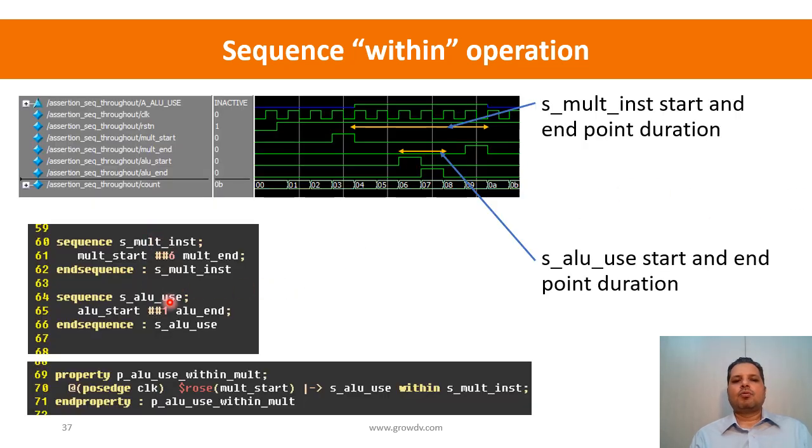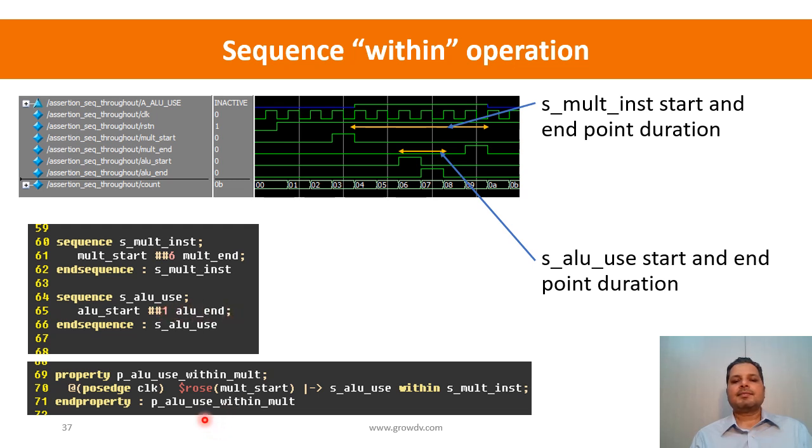So we have two sequences over here. One, we have this mult instruction sequence, and very simple, say it has this mult start signal assertion, level assertion, followed by double pound 6 clock or sampling event delay, and then mult end should be asserted, and that's what the sequence is. And then we have an ALU use sequence where we say ALU start, double pound 1, ALU end.